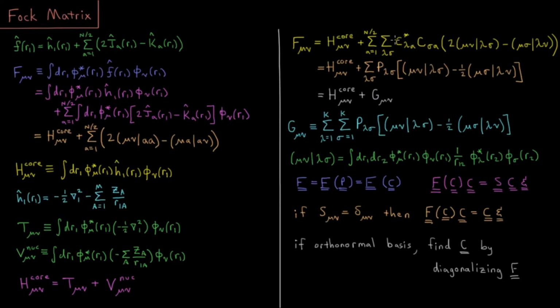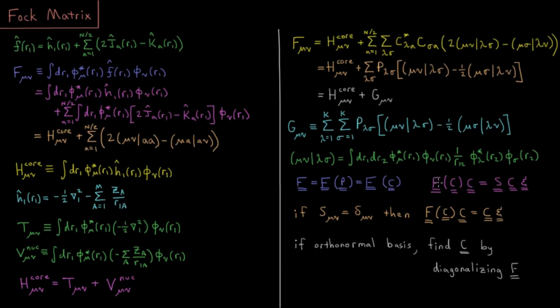We can do an arbitrary unitary transformation on the coefficient matrix and the density matrix stays the same. The only thing that changes the density matrix is actually changing the form of what these orbitals are. So we could either say the Fock matrix is a function of the density or of the coefficients, either way.